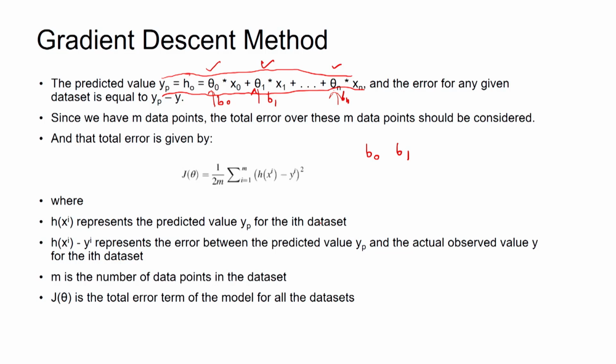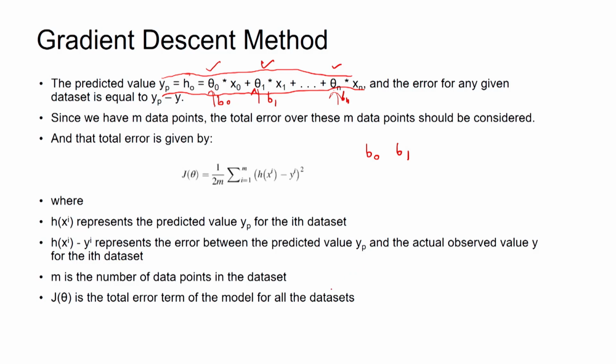So, theta naught, theta 1 up to theta n are nothing but model parameters, and we are already assuming there is a linear relationship between yp and these independent variables x naught, x1 up to xn. So, now our objective is to learn these parameter values from the data set, and then we will say that this is the actual relationship between dependent and independent variables.